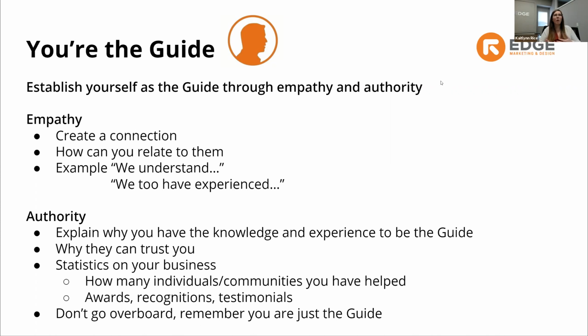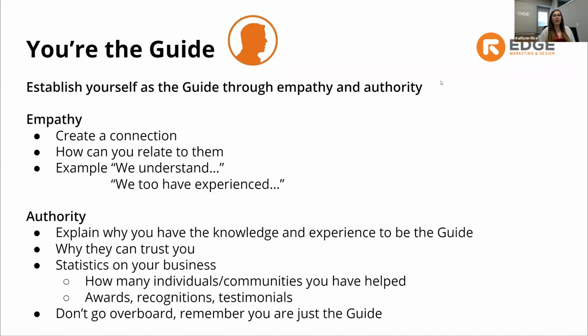With empathy, you want to, again, build on that connection with your customer through your messaging. You want to say how you can relate to what they're going through. Examples would be using language like "we understand" or "we too have experienced," just to build on that: yeah, we've been there, we understand. So if we understand, we can actually fix your problem.